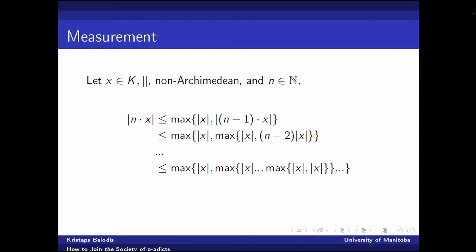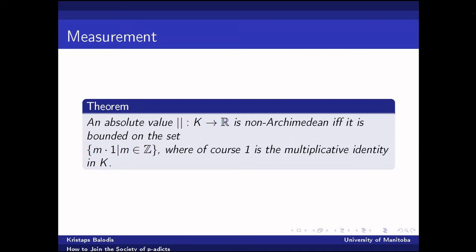And the maximum of the norm of x and the norm of x is just the norm of x. So the norm of x is going to percolate back up through the stack, and we're going to find that this is still just equal to the norm of x. So we find, in particular, that the Archimedean property is not satisfied for non-Archimedean norms, so it's a pretty apt name.